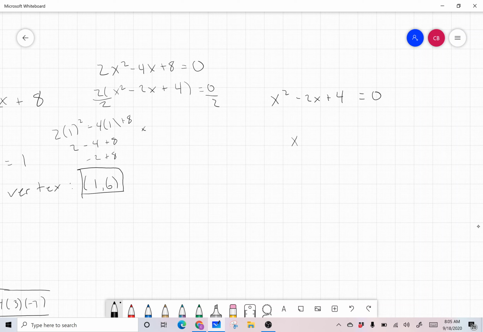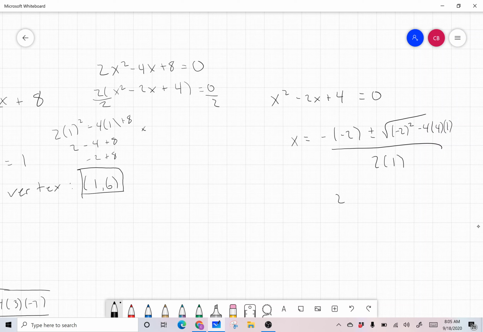X equals negative b, negative 2, plus or minus the square root of b squared, negative 2 squared, minus 4 times 1, all over 2 times 1. So this is 2 plus or minus the square root of 4 minus 16. Okay, so we can see right away this is not going to have real answers.